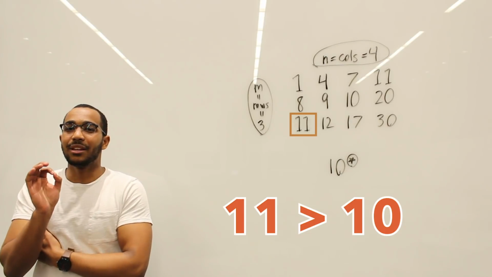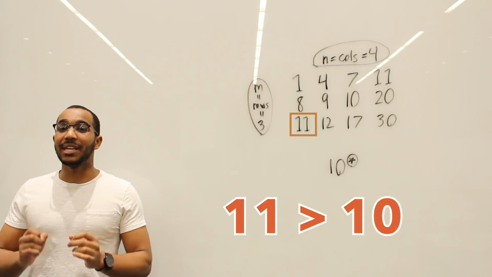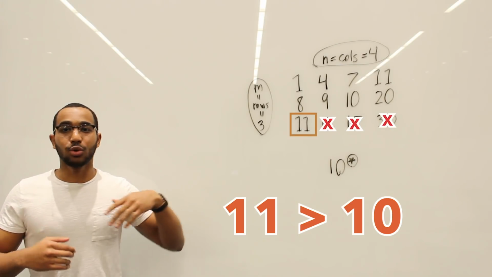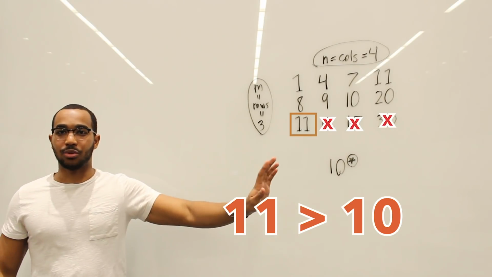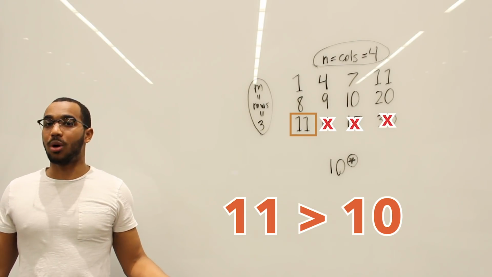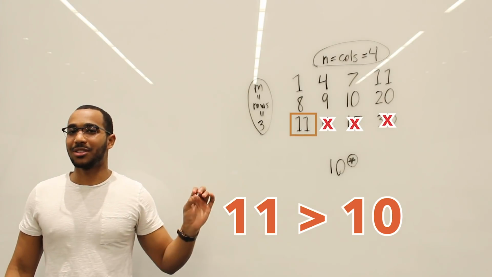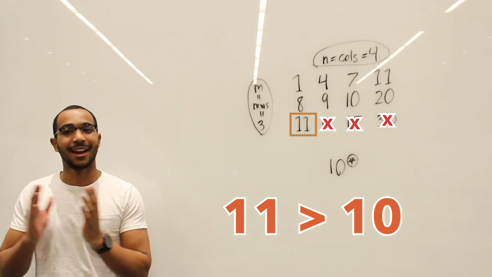So immediately, what do I understand? 10 cannot be in the last row. It only gets worse in the last row. 11 is the smallest quantity in that row because it's the first quantity. And going to the right, I can only go upwards in value. 10 can't be there. 10 cannot be there.